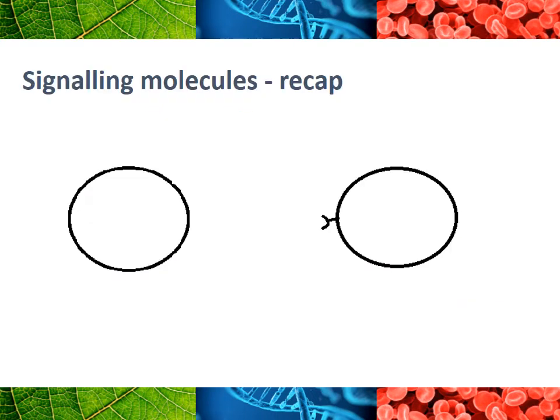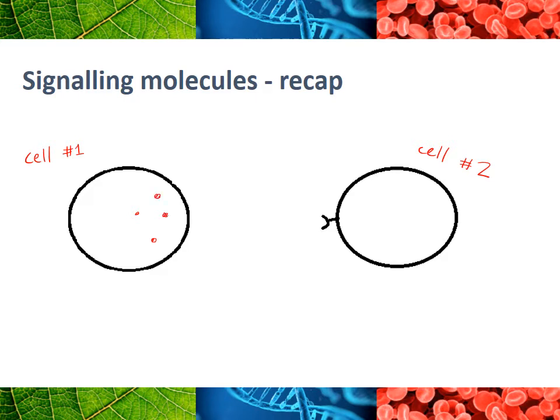So just to recap what we looked at last week, let's say we've got cell number 1 here and cell number 2. And we're looking at signaling molecules. So this cell here produces a type of signaling molecule. Could be a hormone, it could be a pheromone, it could be a cytokine.